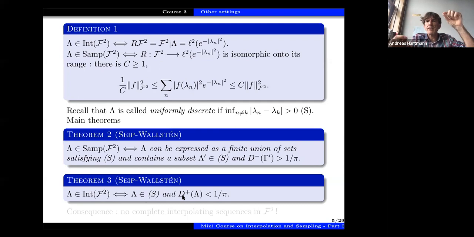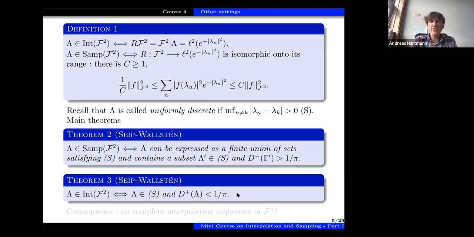If you want to do this, your function has to have big energy and a norm which is exploding. And moreover, your upper density should now be bounded from above. Of course, to interpolate, if you have too many points, then you have too many oscillations and you have no hope to interpolate. So your upper density has to be bounded from above.